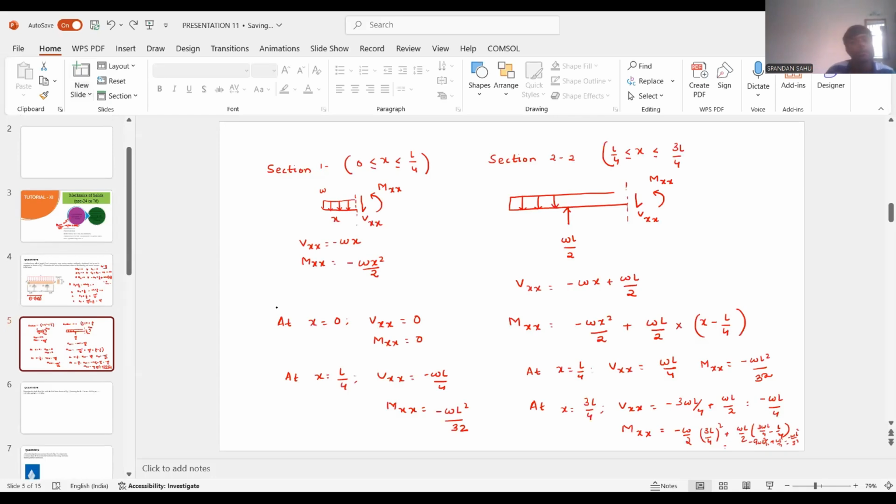Write the equation for section 3.3. First step, draw the FBD for that portion. Show the internal reactions. Then calculate the equation for the internal shear force and bending moment in terms of span length, that is x. So here x will vary from 3L by 4 to the total span L.